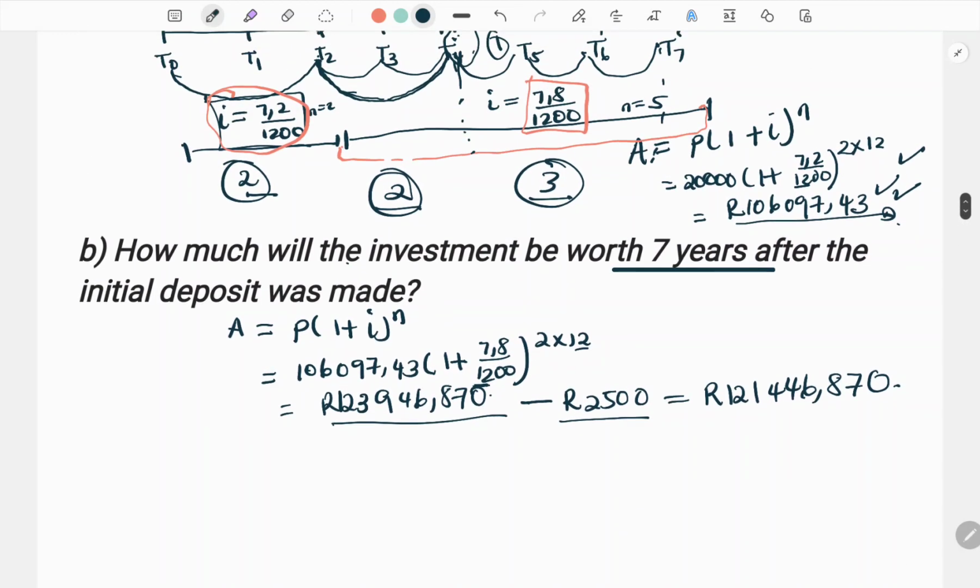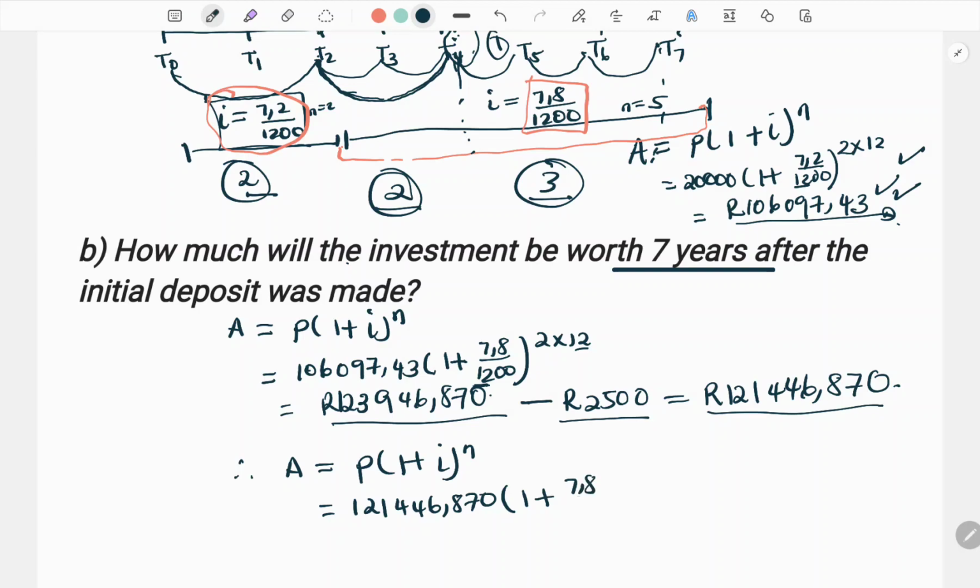So we complete. Therefore, A is equal to, you write the formula again. You use the very same amount to come here: 1,214,468.70 times 1 plus the interest, still 7.8 over 1,200, exponent of n, which is now 3 multiplied by 12.